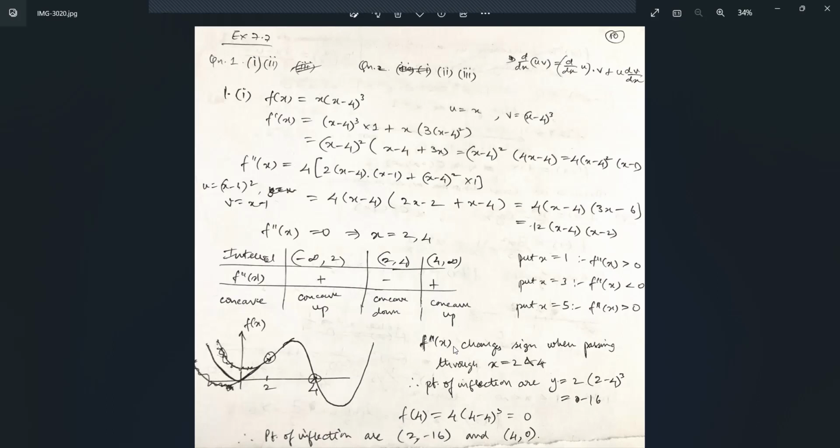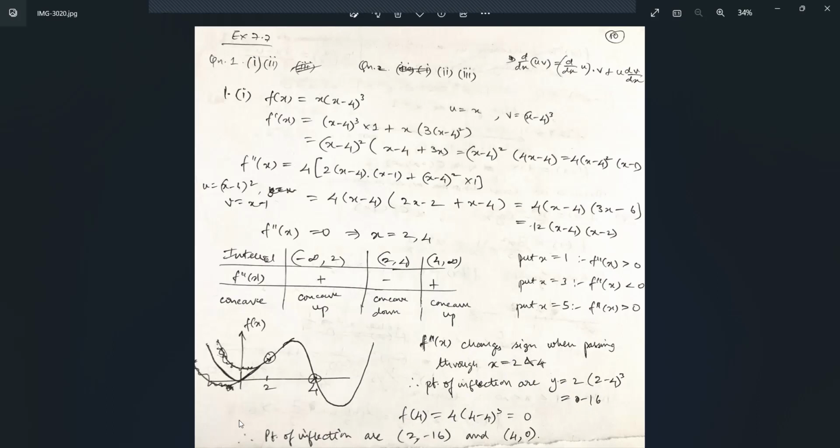So f double dash x changes sign when passing through x equal to 2 and 4. Therefore, for the points of inflection we have to substitute x equal to 2 and 4. For the first value, I substitute x equal to 2 into x into (x minus 4) cubed, and I get minus 16. And for the second point, I have f of 4, which gives 4 into (4 minus 4) cubed, equal to 0.